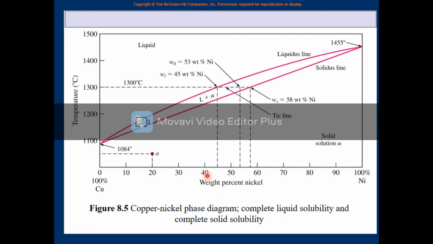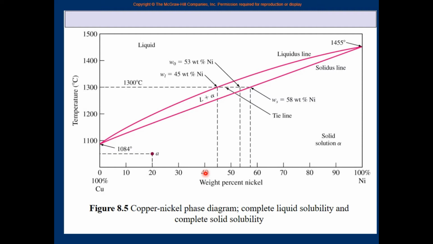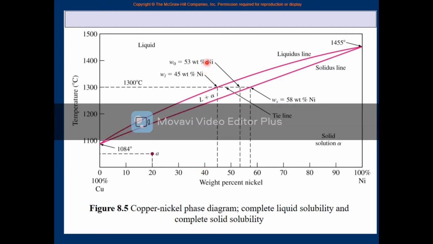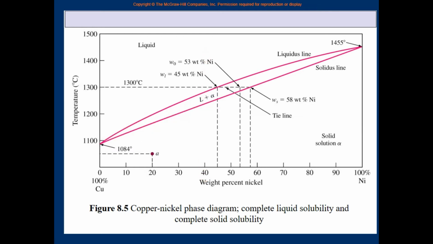If we take 40 gram of nickel and 60 gram of copper and melt them, mix them together, and we keep on increasing the temperature to something like 1400 Celsius or 1500 Celsius, then we know that the mixture of this 40 gram of nickel and 60 gram of copper has completely melted, right?